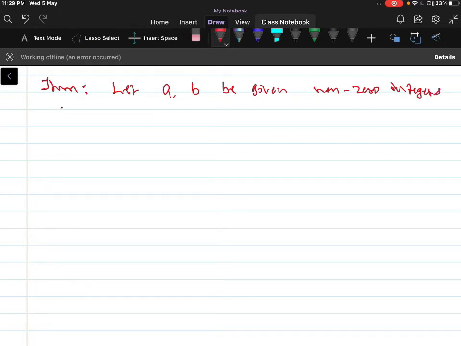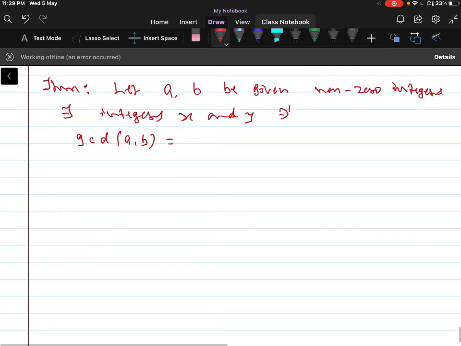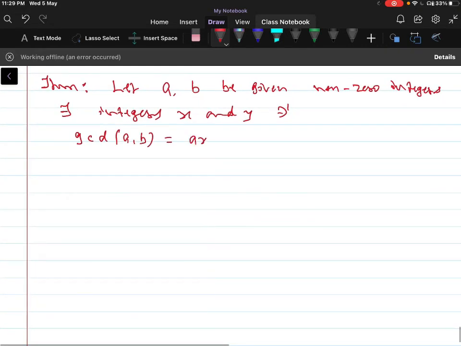There exist integers x and y such that GCD of A, B is equal to ax plus by.